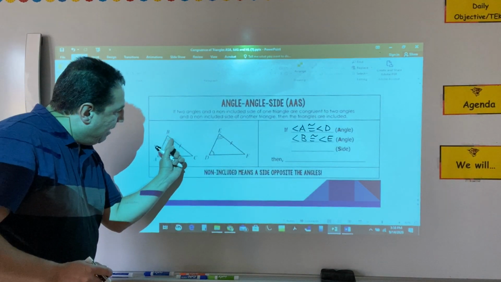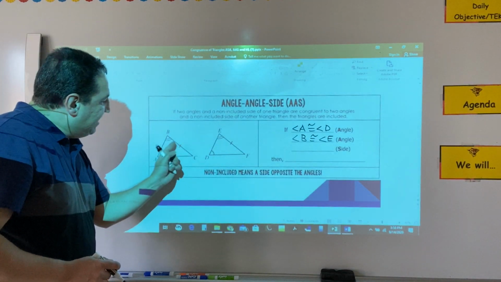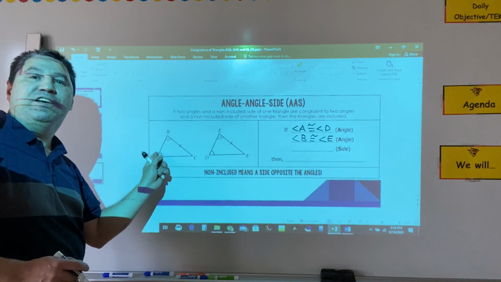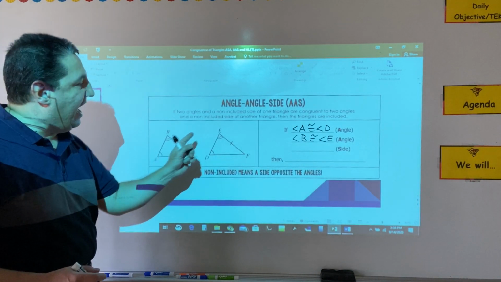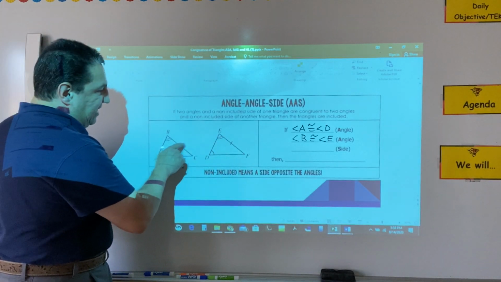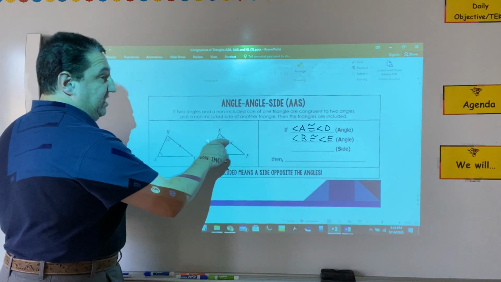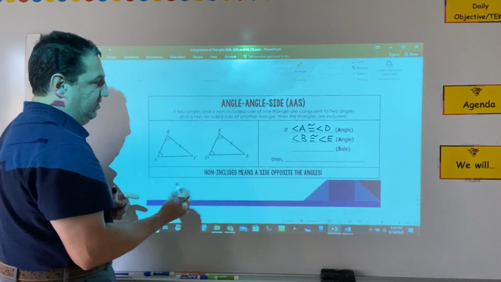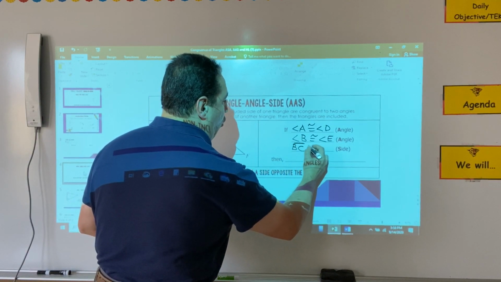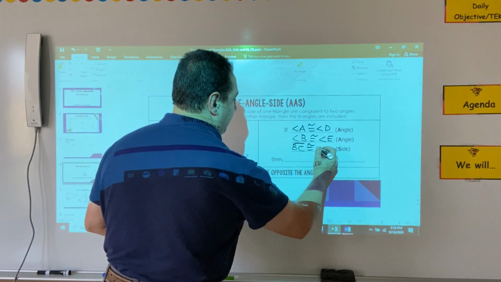As we can see, BC is non-included. In other words, it is not between the given angles, right? And EF also is non-included. And because they are marked with the same number of markings, they are congruent. So we say BC congruent EF.